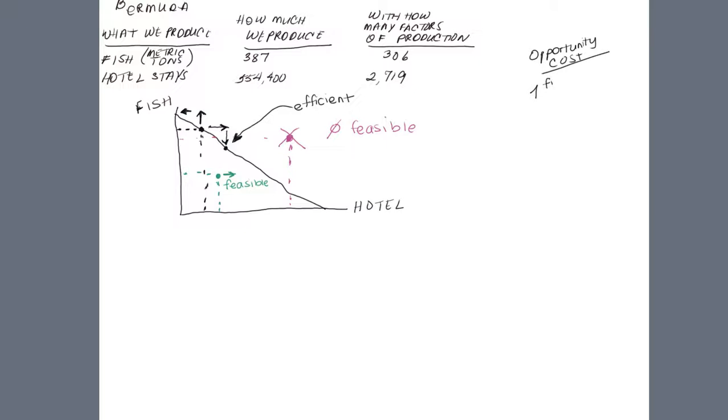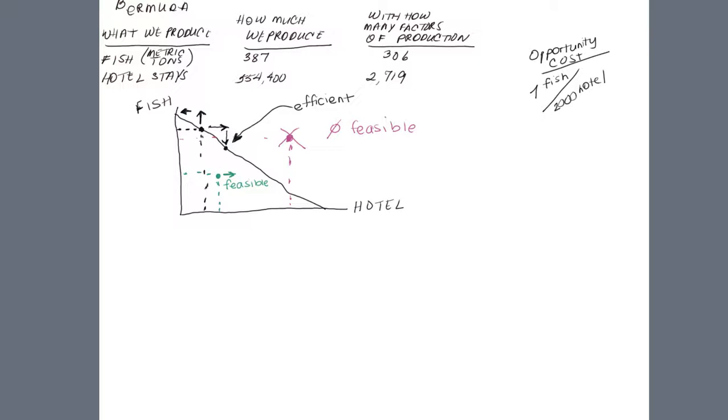What does this say? This says that in order to get one more metric ton of fish in our economy, we have to give up 2,000 hotel stays. Similarly, in order to gain 2,000 hotel stays, we have to give up 1 metric ton of fish in production.